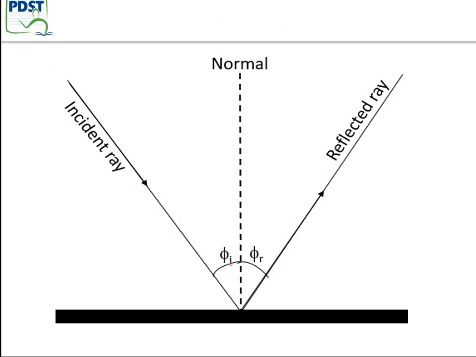So reflection. What is this reflection of a wave? Now, let's say we have a light source here. I'll just call it source. This light source produces light, the light that we call an incident ray. An incident ray is the light that strikes a certain surface.